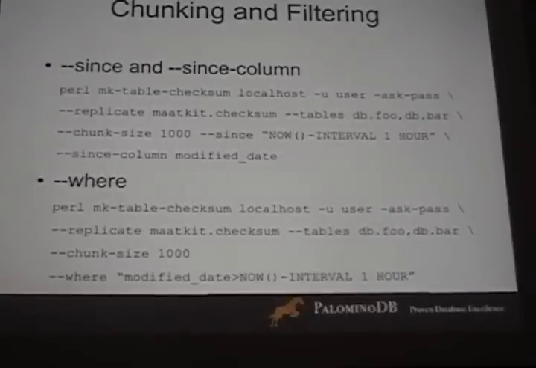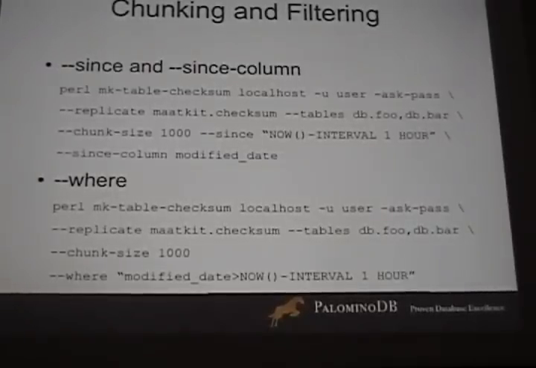So for every chunk, it will apply the where clause, which is a little anti-intuitive. If you have a huge table, that's not how it works with since, because it does it the right way with since, but with where, how does it know how many rows it's going to have? And even once it does, if it applied the where clause first, how can it break things up? It would have to do a count of how many there are, and where would it store things temporarily? It would have to store the row IDs in each one, and it would be a mess.